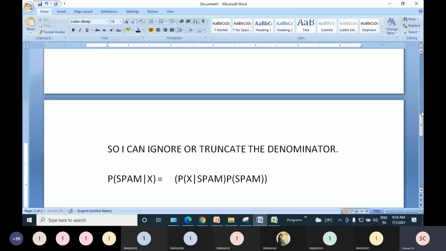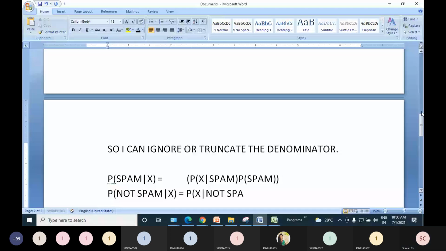Similarly, P of not spam for X is equal to P of X given not spam into P of not spam, right?